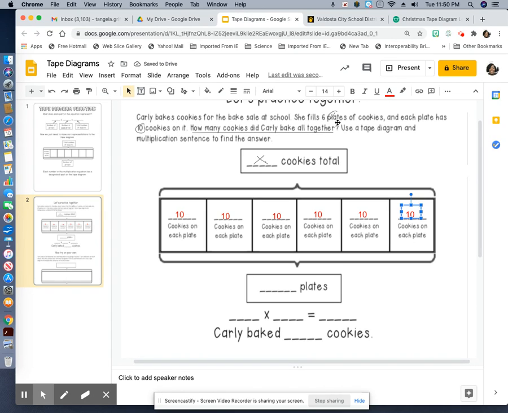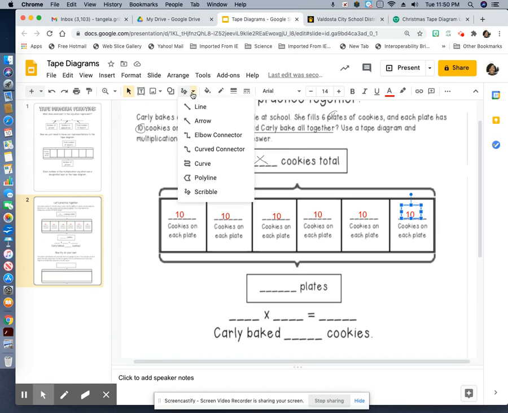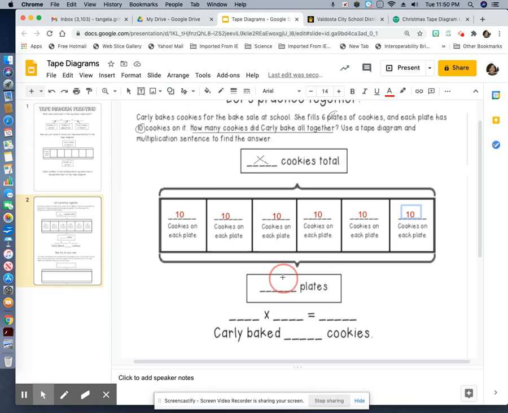And we know that there are 6 plates. She fills 6 plates of cookies. So the 6 would come down here. Okay, so we don't know how many cookies. So we know that's going to be X over here.